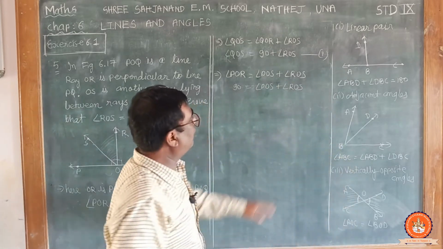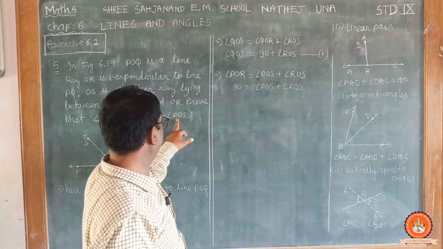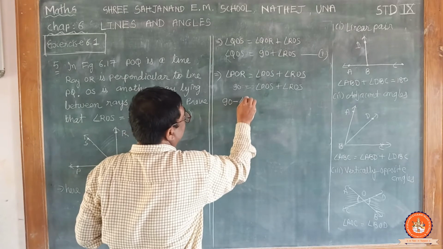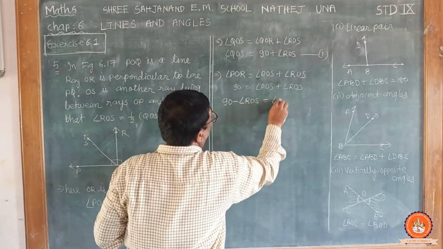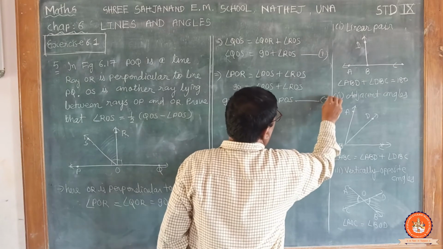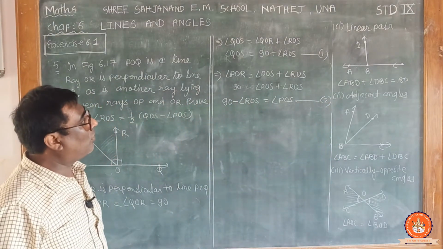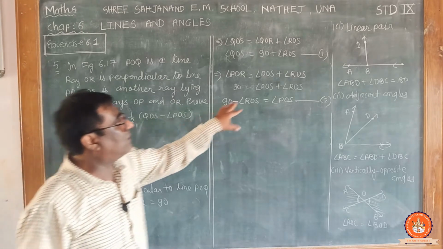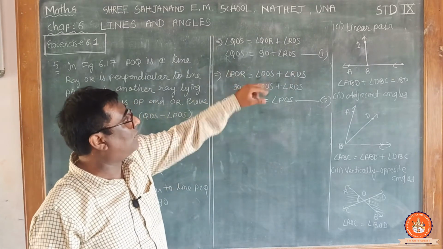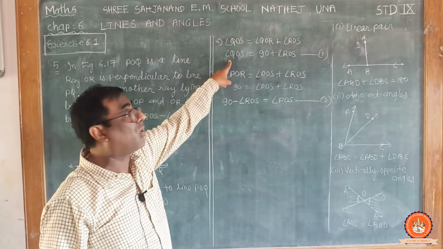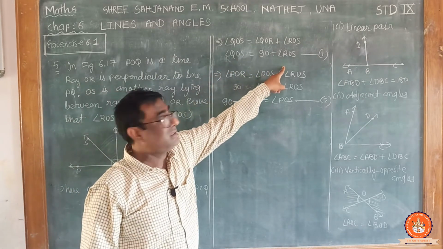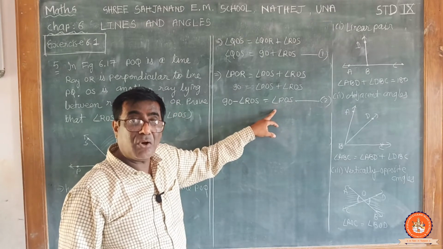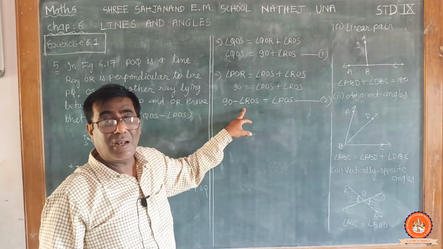Therefore, if we want to find the value of POS, move ROS, so 90 minus angle ROS is equal to angle POS. Our target is to find the value of angle QOS and POS with reference to ROS. So from result 1 we found the value of angle QOS with reference to ROS, and in result number 2 we found the value of angle POS with reference to angle ROS.